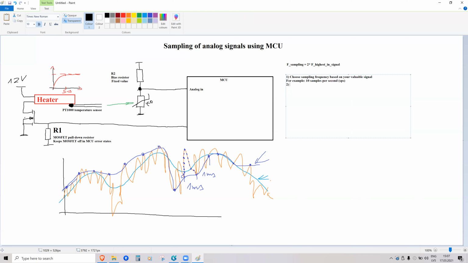And the second thing that you do is you just insert between your source of signal and the microcontroller's input a low pass filter, which has a time constant so low that it passes through no more than 10 hertz, or better say 5 hertz of frequency.